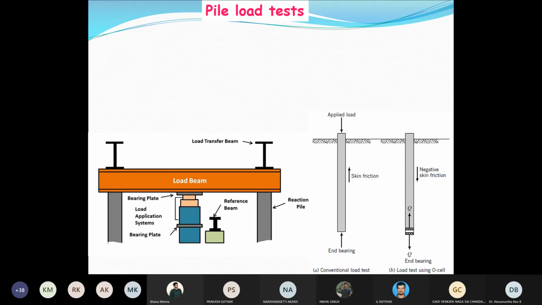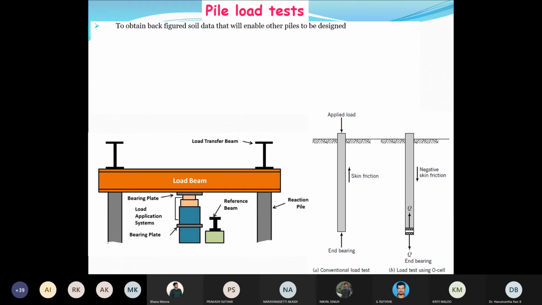Whether it is a shallow foundation or a deep foundation, it is mandatory to perform one field test for several purposes, one of the primary purposes being to confirm the pile load or the footing load that has been calculated by the analytical equations.